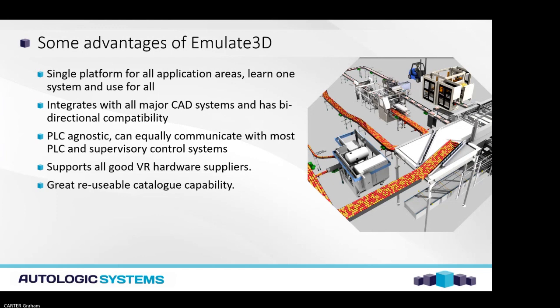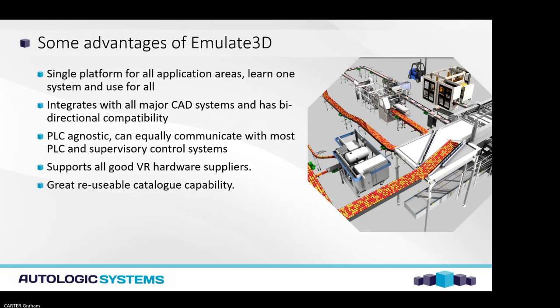The mechanical designers can stay to a large degree in their native space and then pump information out into the digital twin world. We're agnostic of PLC hardware. We communicate natively with all the main PLC manufacturers, which is a massive strength in the market.